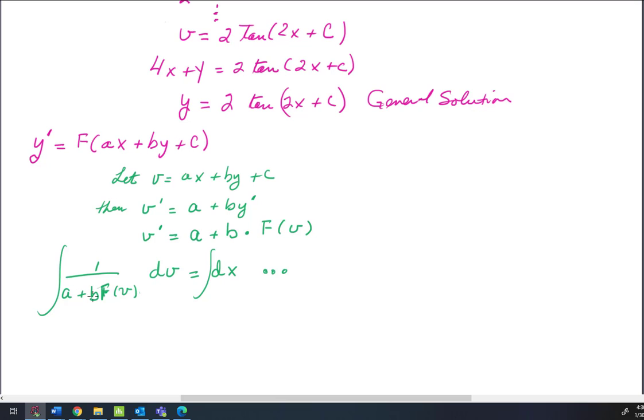And if I can evaluate this integral, then I've got a solution. This will be a solution v equal, but then I can substitute ax plus by plus c for v and solve for y, and I've got a solution. So general kind of procedure.